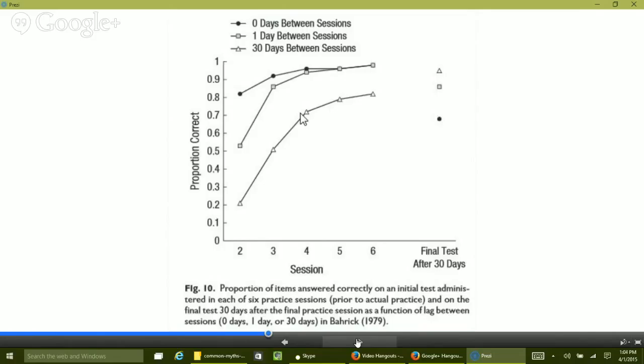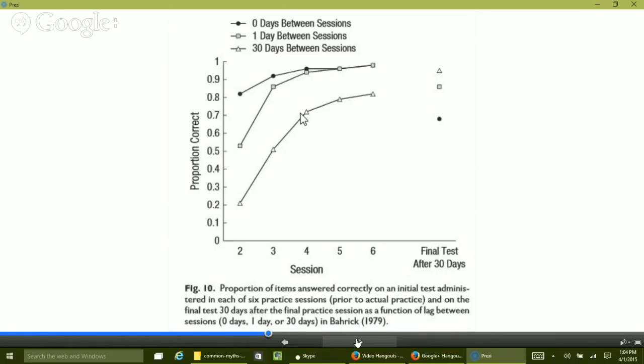And even a few days later, it does better. But 30 days later, the students who had the classes 30 days apart ended up scoring at over a 90th percentile, while those who had them back-to-back were only about a 68th percentile on this particular test.